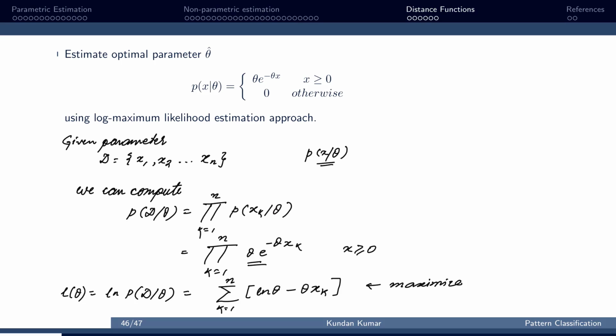So what we have to do is take the derivative of L theta with respect to theta, and then equate it to 0.